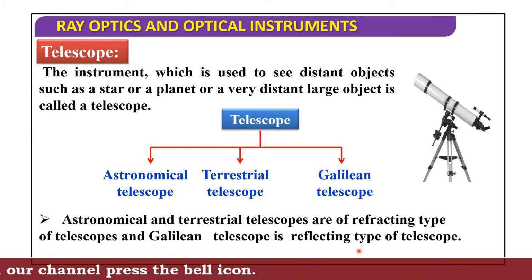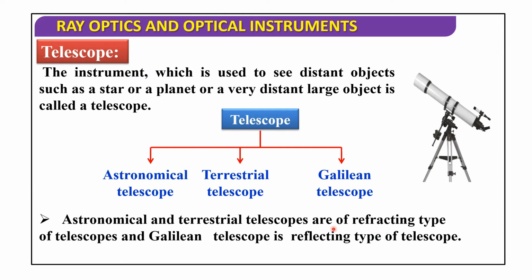Astronomical and terrestrial telescopes are refracting type of telescopes. The one and only Galilean telescope is a reflecting type of telescope.